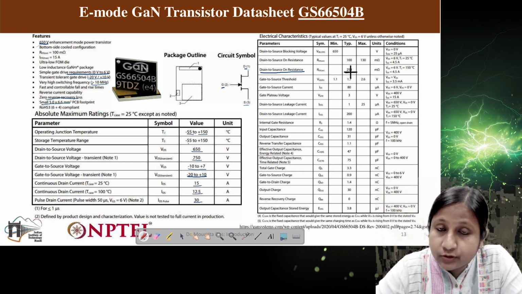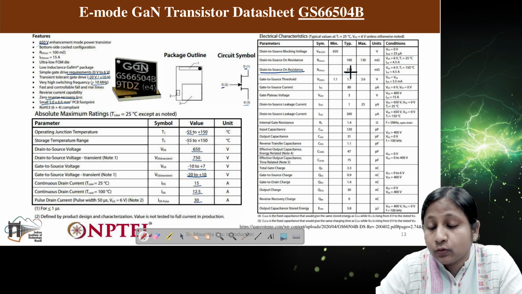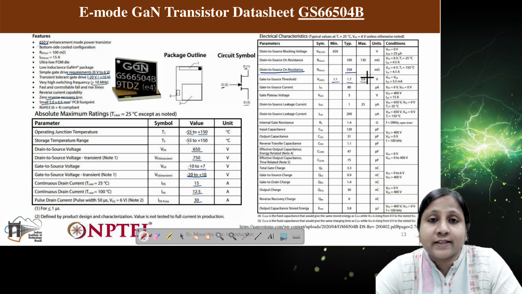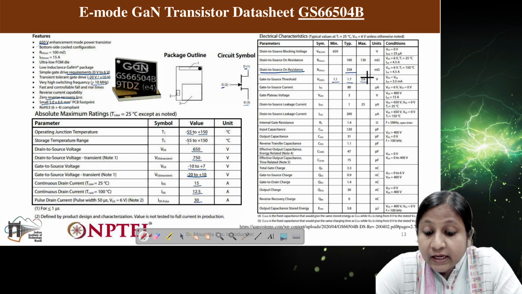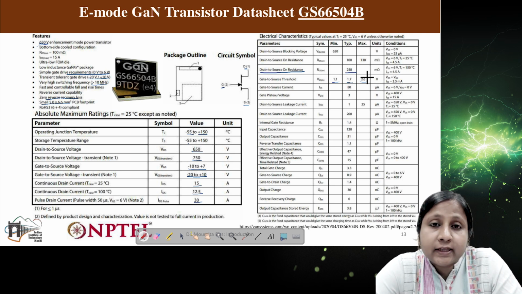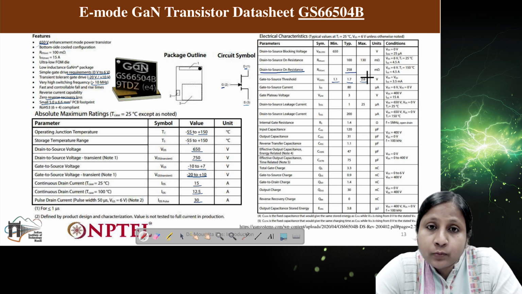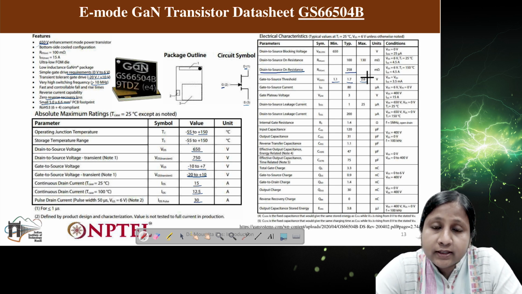Now the threshold voltage, which is very important for this particular device. You can see here minimum is 1.1 volts and typically it is 1.7 and maximum is 2.6 volts. Means what? If we provide any gate voltage which is from, let's say, 0 to 6 volts, and if there is any transient of 1 volt during the off time in the gate, then that will cause the device to false turn on.